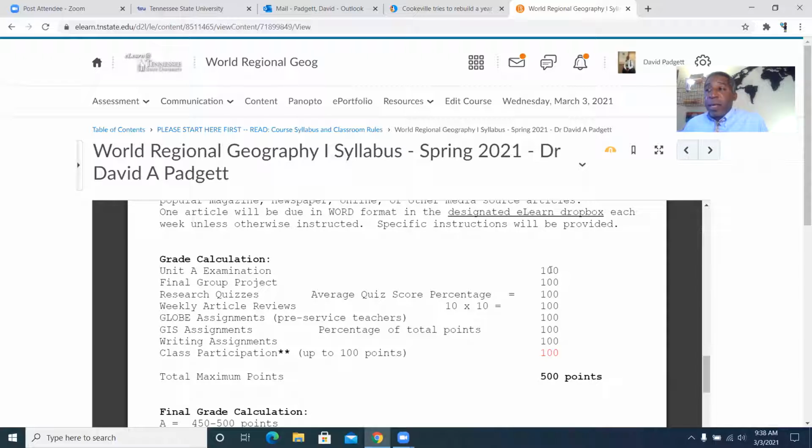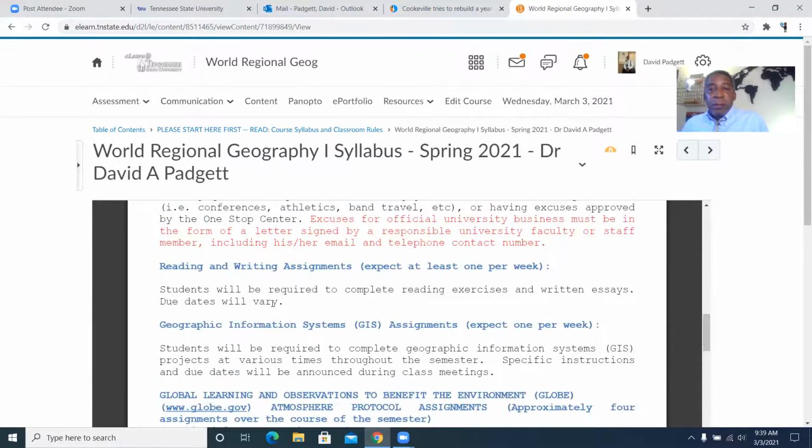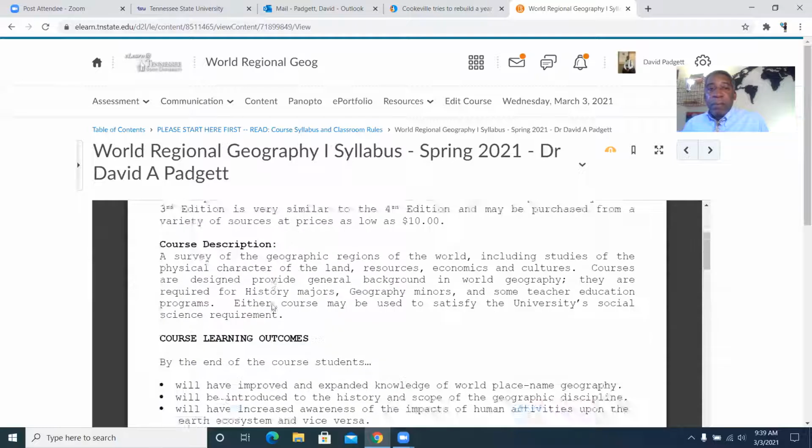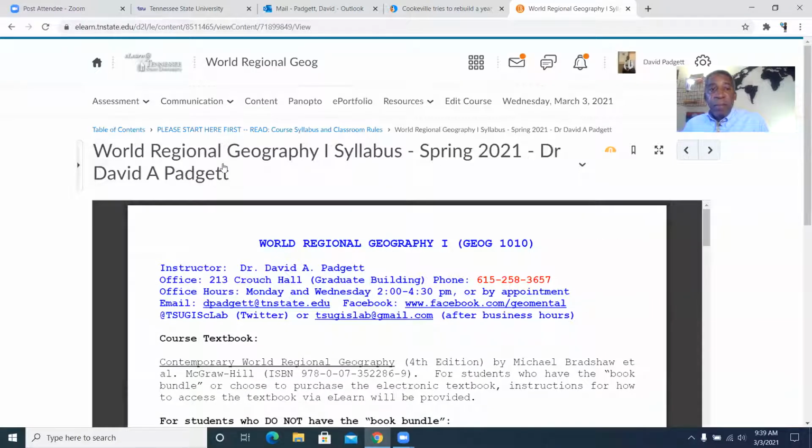I will do all I can to have those and everything else graded by next Monday. I know I've gotten a little bit behind on that. Your research quizzes are also very heavily weighted. I will walk you through the instructions for the research quizzes next week, so just be aware of that and be ready for that on Monday.